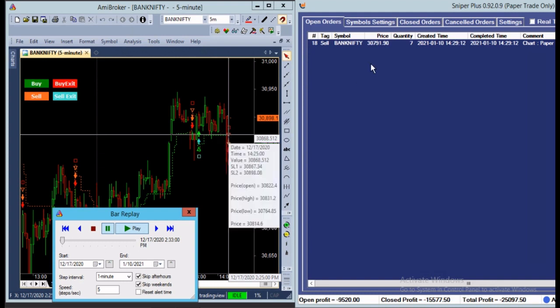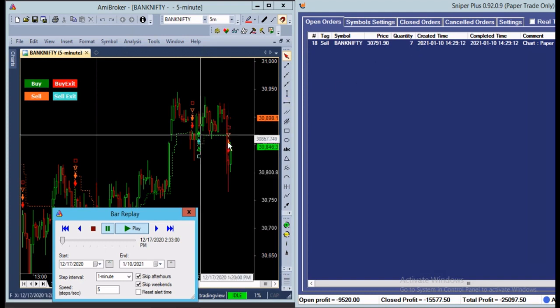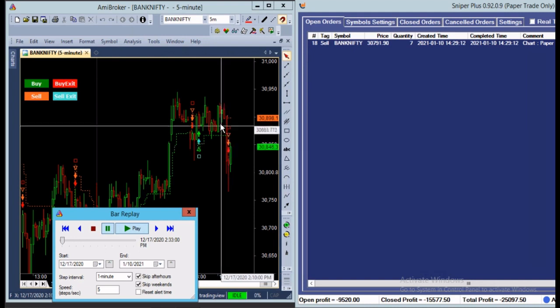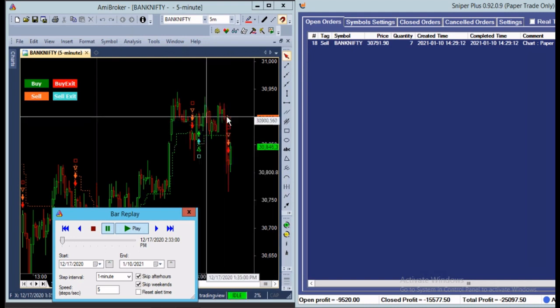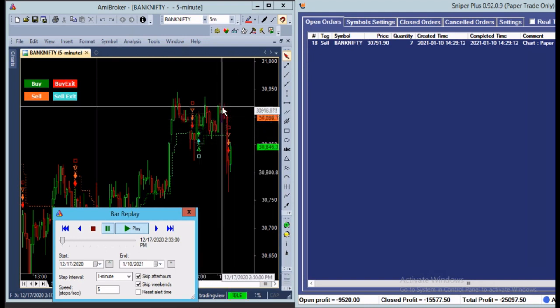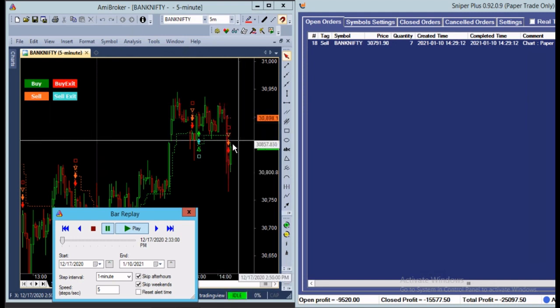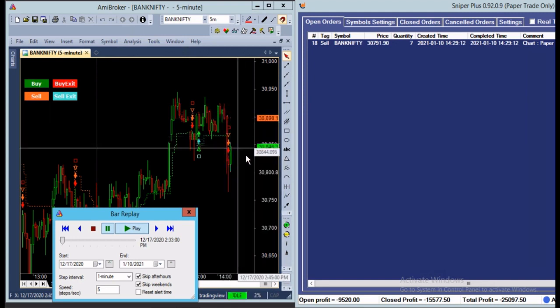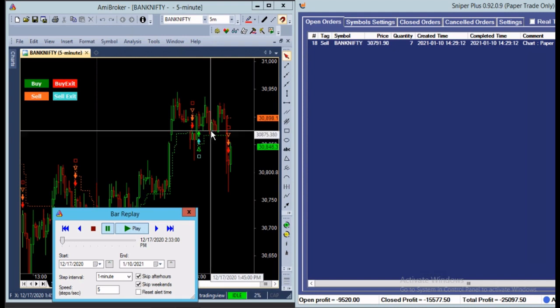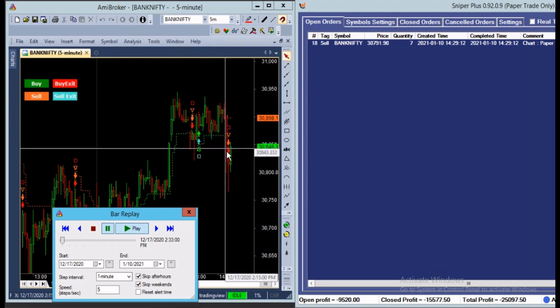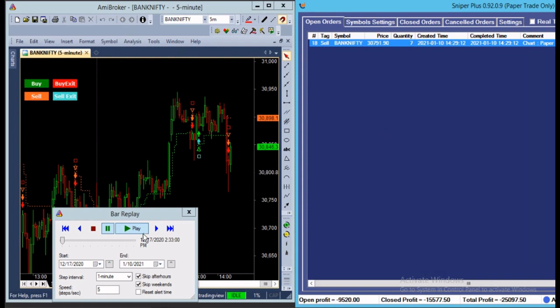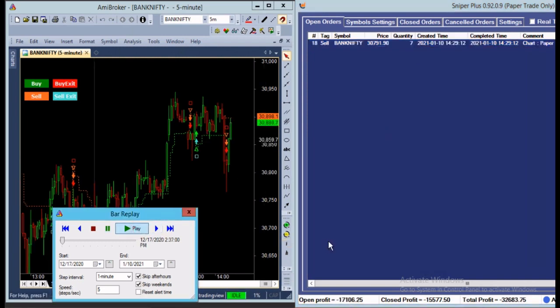Okay, until target 1 is achieved, it won't get restarted. Only if target 1 is closed, then it will be restarted. So first we need to achieve target 1. Now here the second call is also in loss. The third call which we got is also in loss.